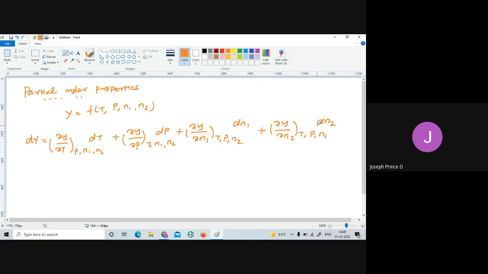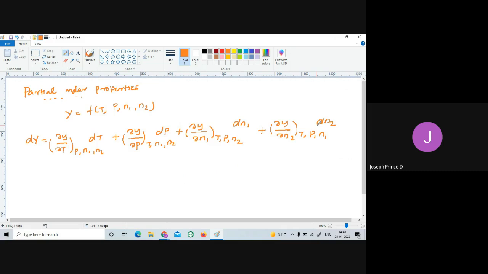So we consider a thermodynamic property y, and it is a function of temperature, pressure, and number of moles. Since it is a binary system, we consider only the number of moles of component 1 and component 2.